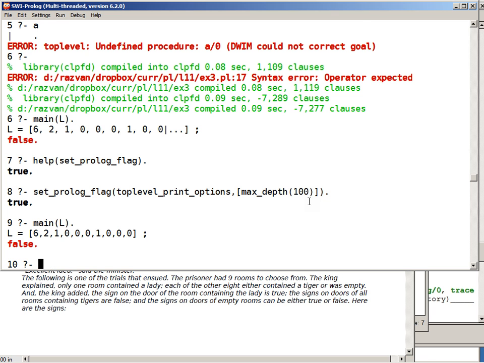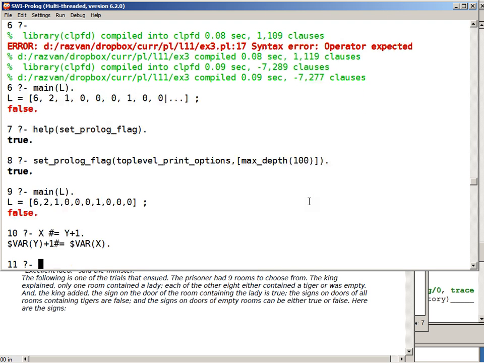So for instance, we can say x equals y plus 1, and now it looks very ugly. Did I say something wrong?